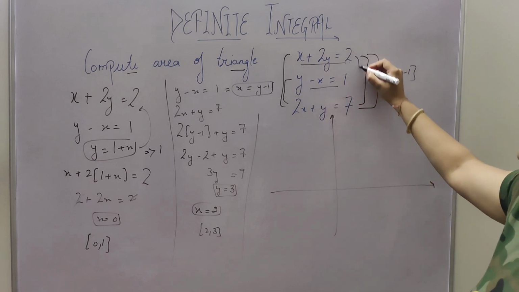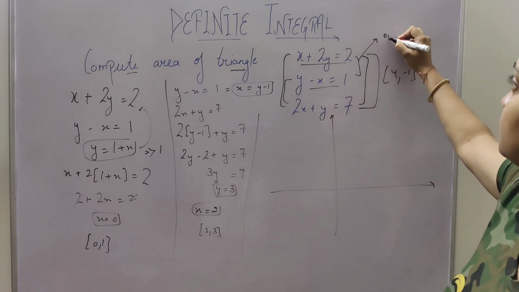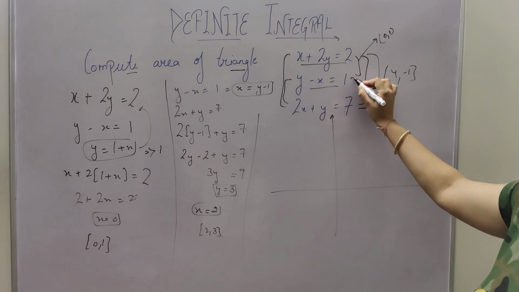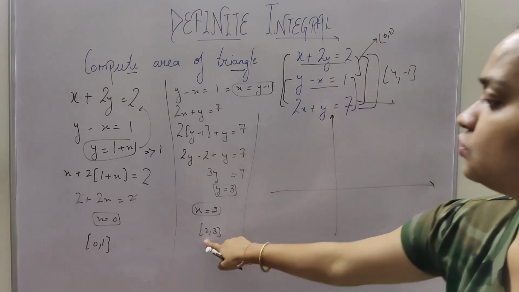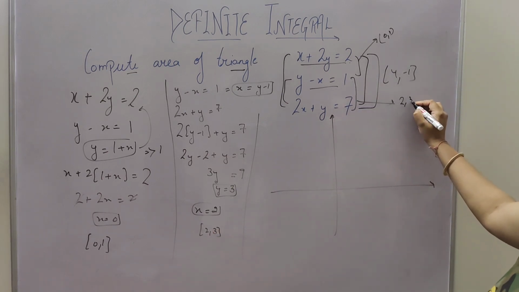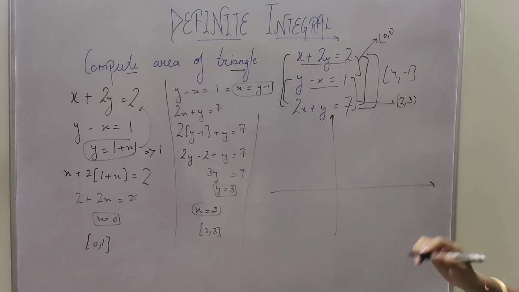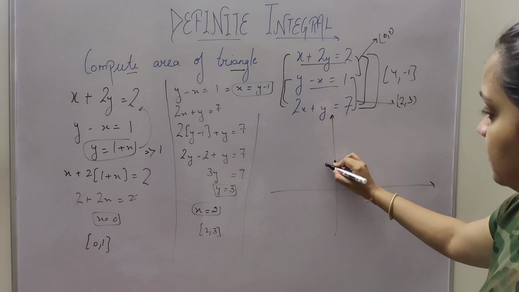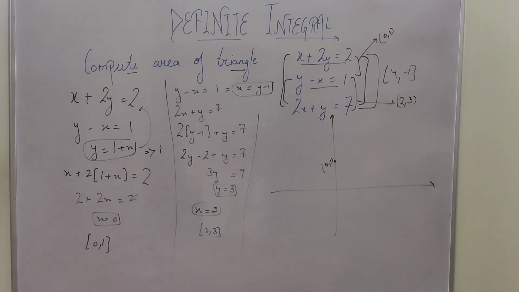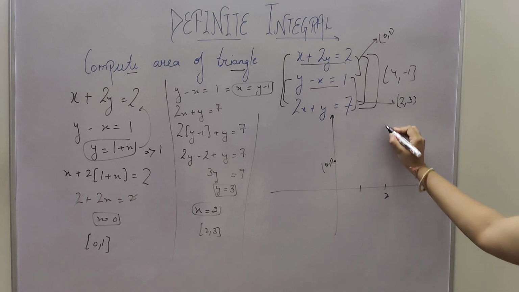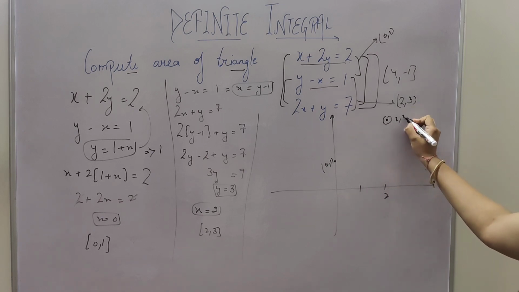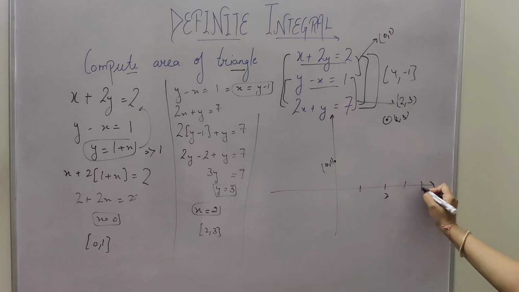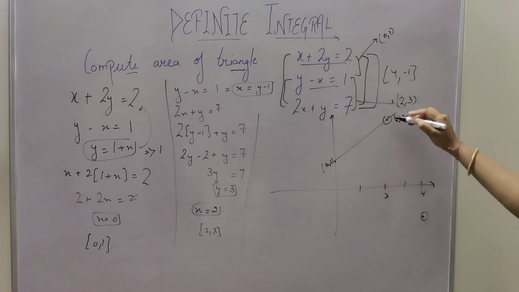The point of intersection between these 2 lines is (0, 1), and these 2 lines is (2, 3). Clear? Firstly, we take the intersecting points, and next comes (2, 3), and the next point is (4, -1). So the points came like this.